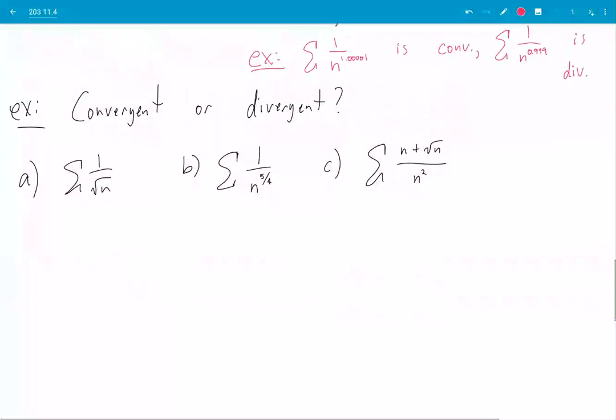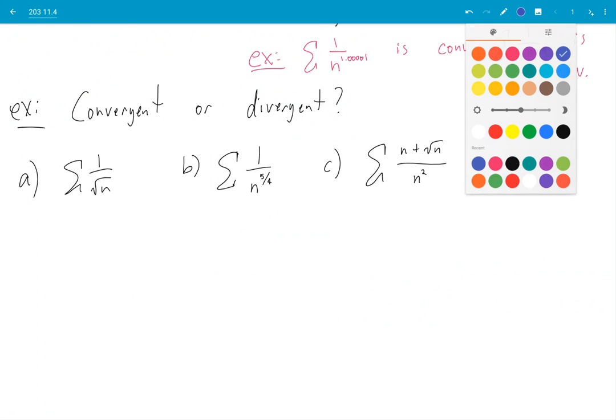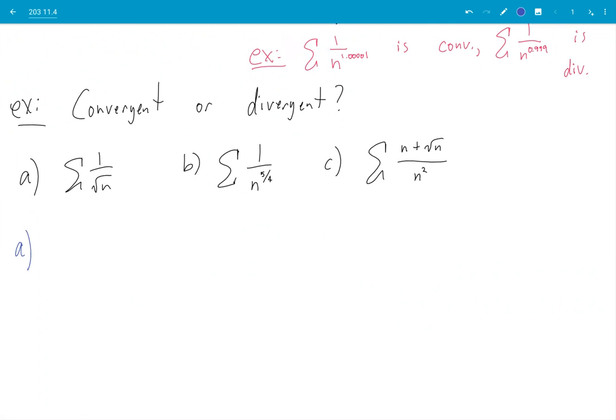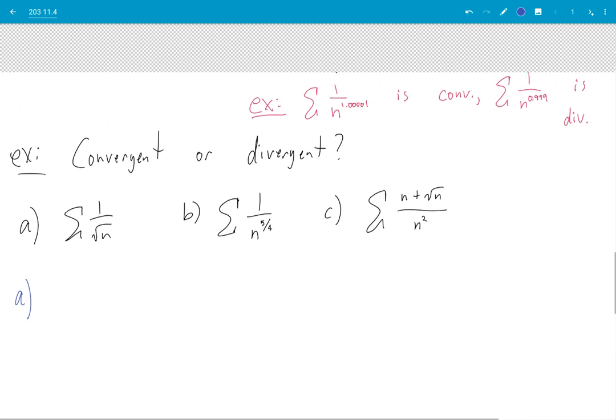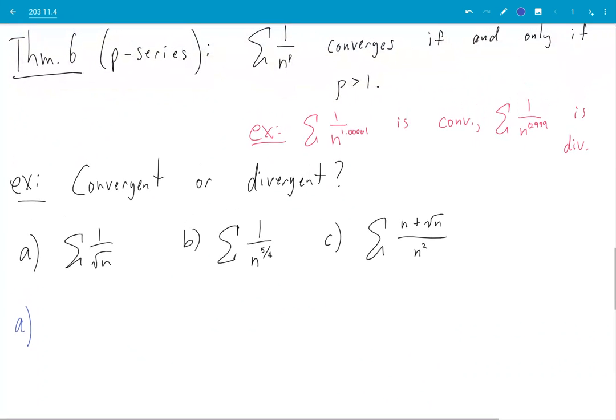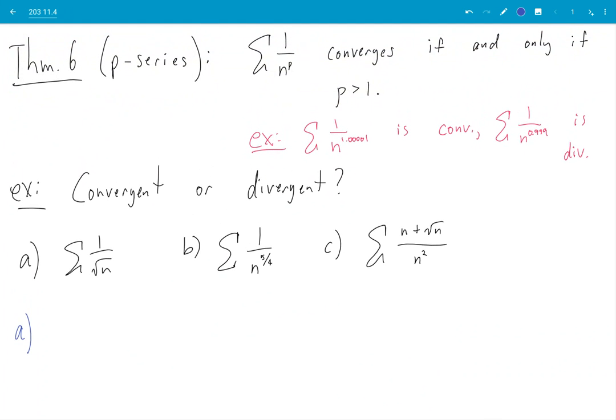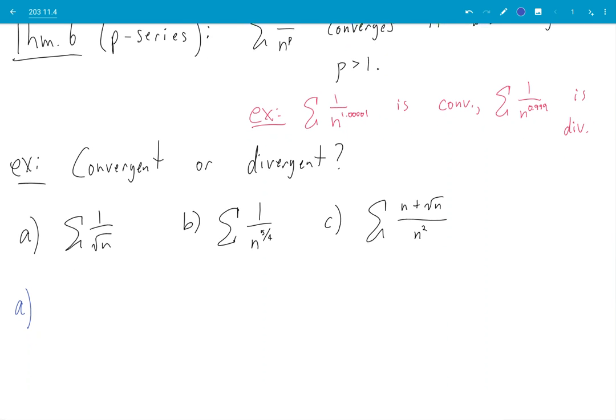So, let's pause and copy this now. Now, what we're going to do is use our theorem 6. Okay, we have to determine p. If it's bigger than 1, then we have convergence. Otherwise, we have divergence. A, p is equal to a half.